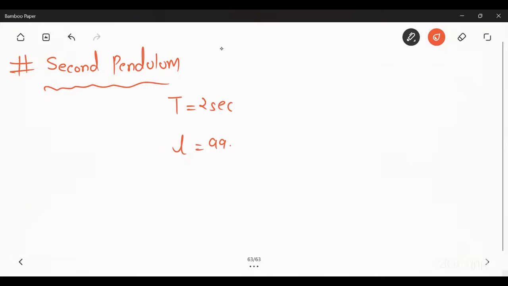Its length will be 99.9 centimeters, or you can say 1 meter.